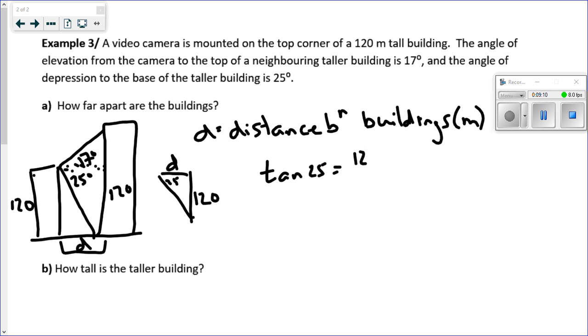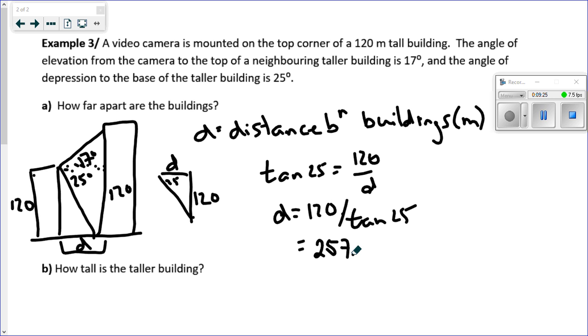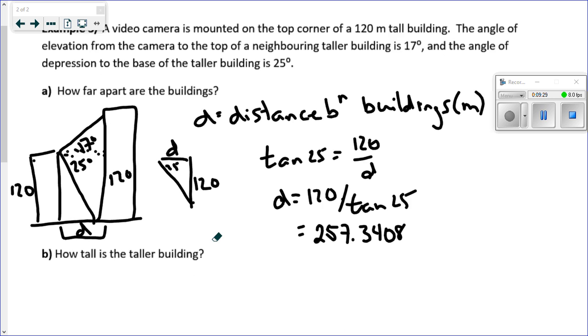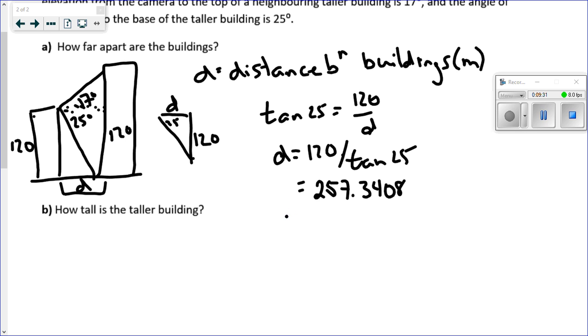Tan 25 equals 120 over D. D equals 120 divided by tan 25, which is 257.3408. Let's make that a little clearer.